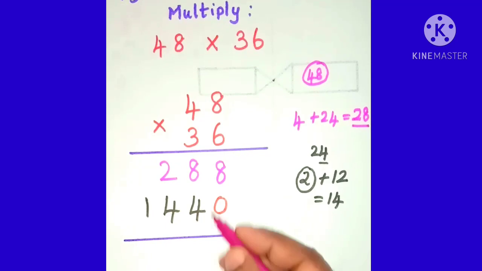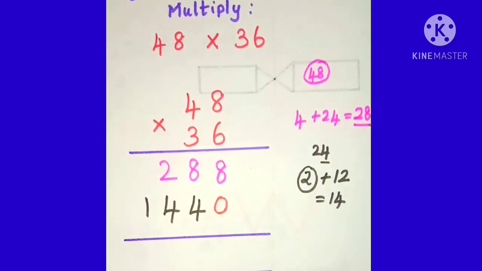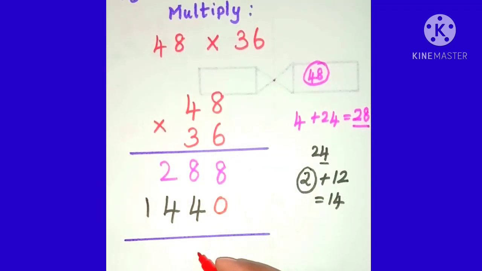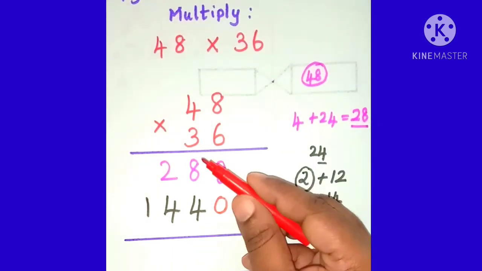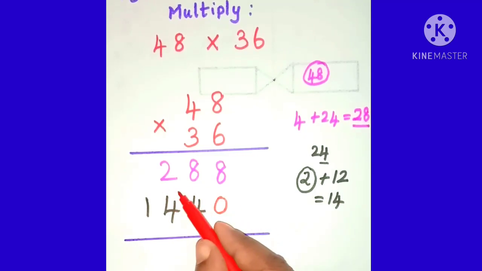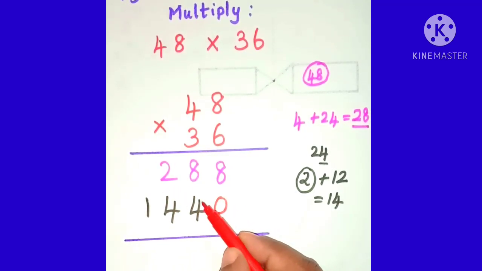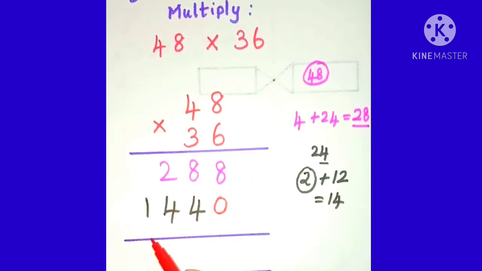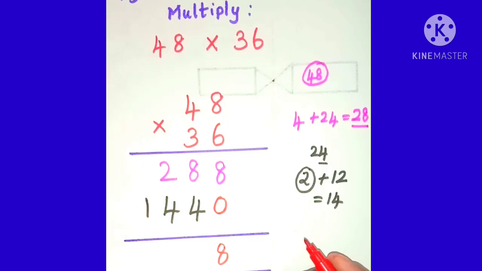Now add these two products. Keeping the first product of 6 into 48 on the ones place and the second product, that is 3 into 48, in the tens place, we need to add both the products. That is 8 plus 0 is 8. 8 plus 4 is 8, 9, 10, 11, 12.